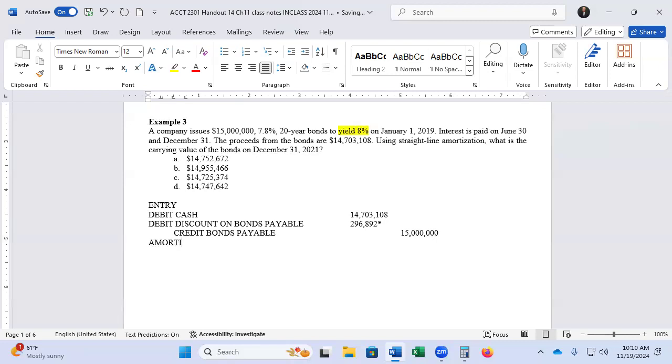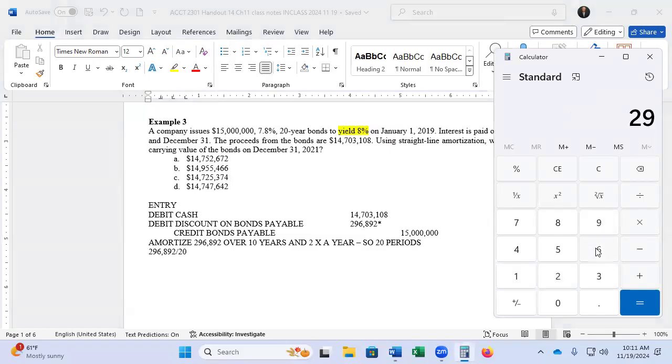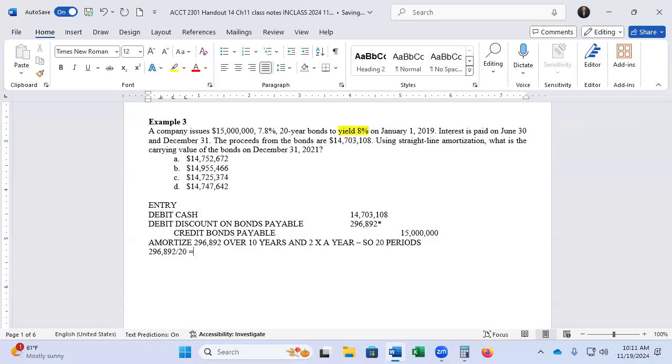Now we amortize the 296,892 over 10 years and 2 times a year. So 20 periods. So we have 296,892 divided by 20, and we get 14,844 basically.